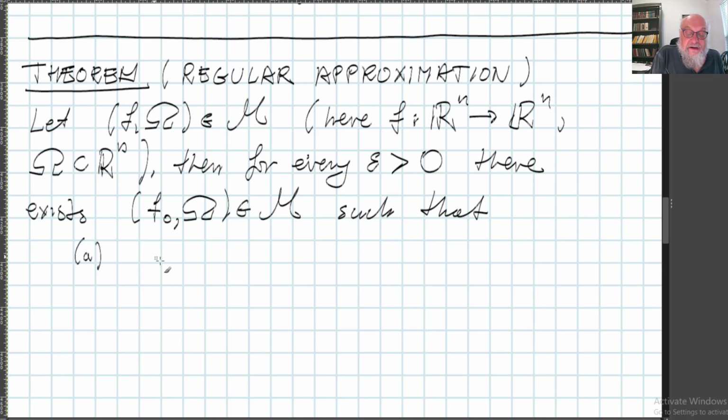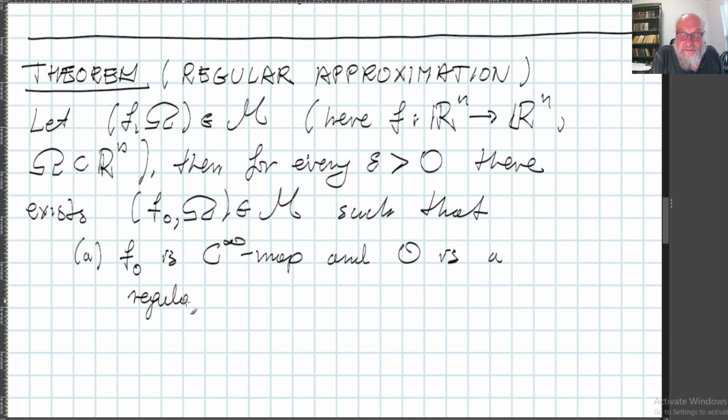Conditions: first A, that F0 is smooth, just simply a C infinity map, and 0 is a regular value of F0 on omega bar.